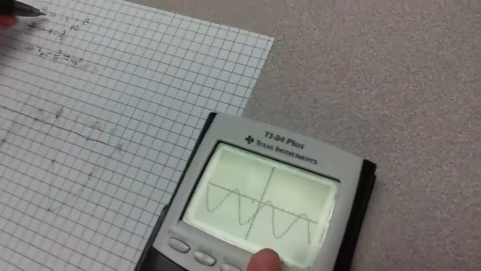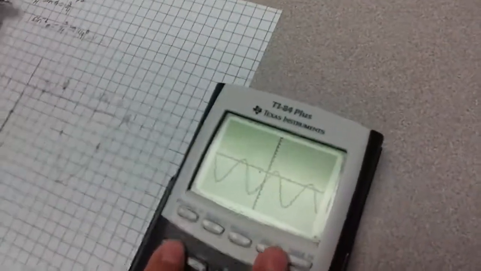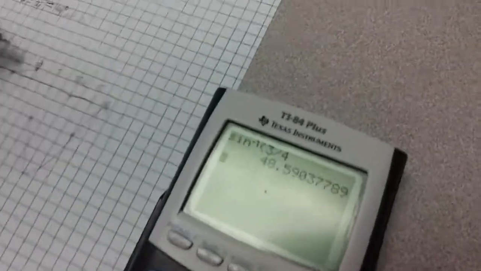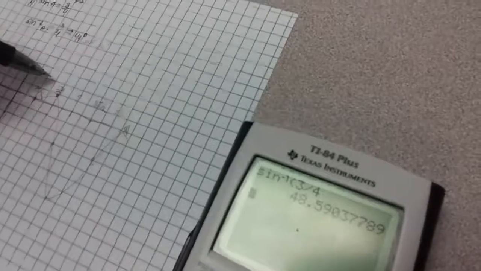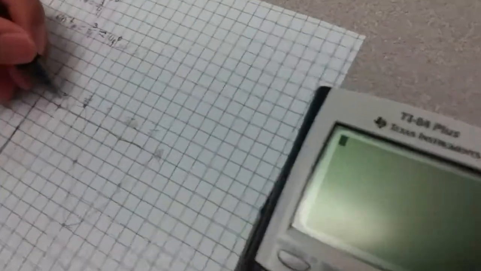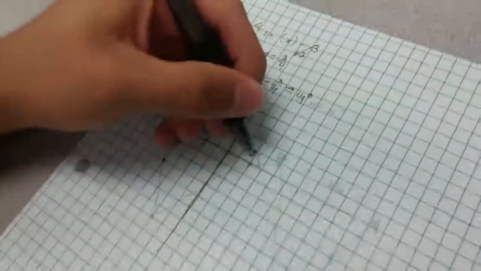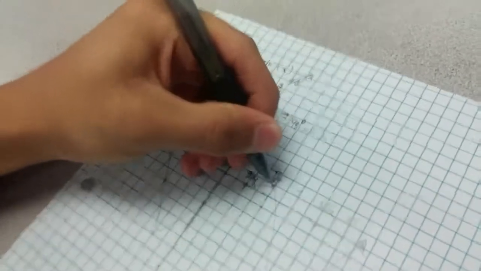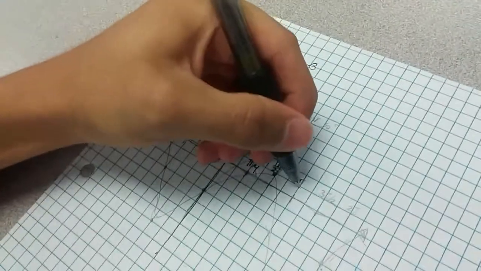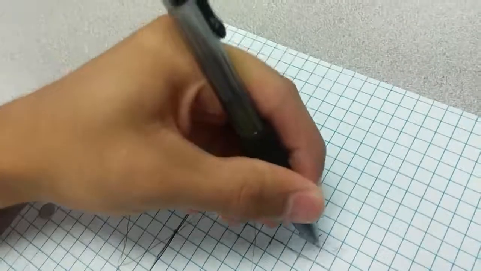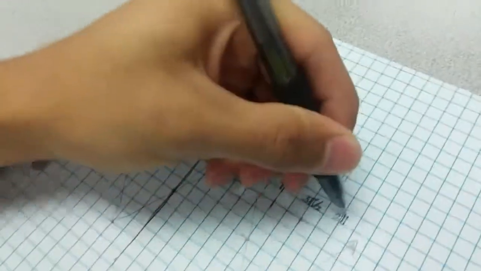And since it's sine and not cosine, the graph looks a little bit different. For instance, you have to put in pi by 4, pi by 2, 3 pi by 2, and then 2 pi.